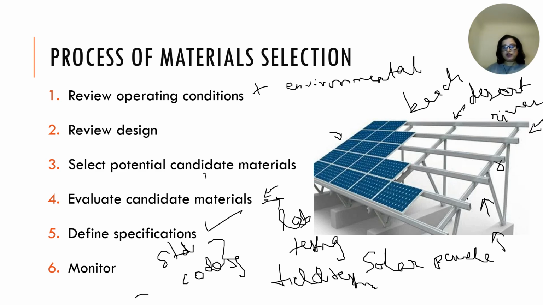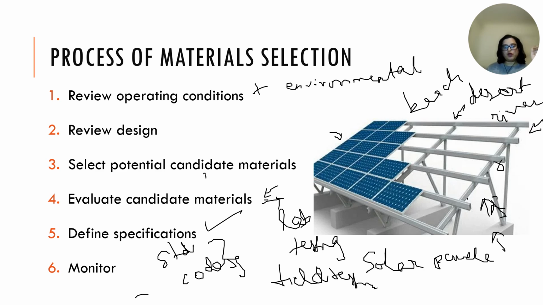If it is an entirely new thing, for example, you have made this solar panel and you are the one who is going to introduce it as a novel product, then you take the solar panel and you define the specifications that are required if you want to manufacture more of these going further ahead. So defining specifications is the fifth point.